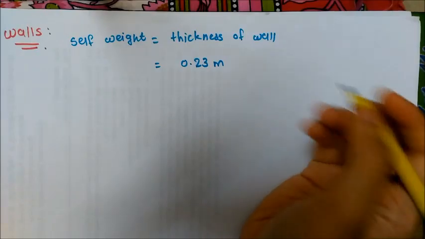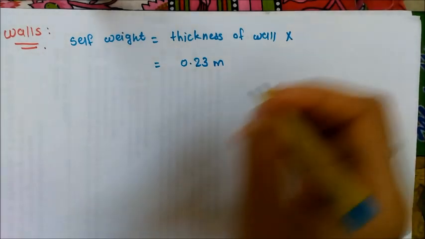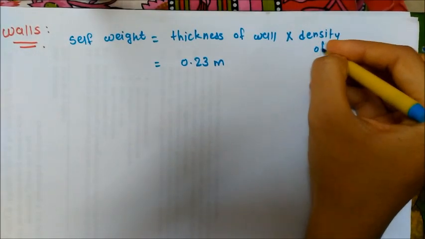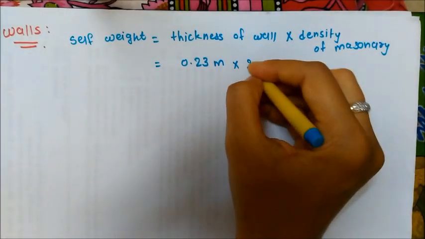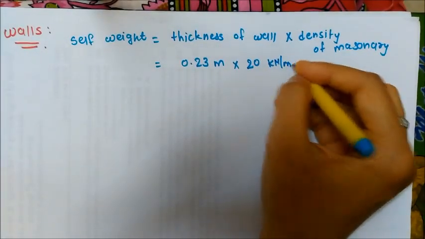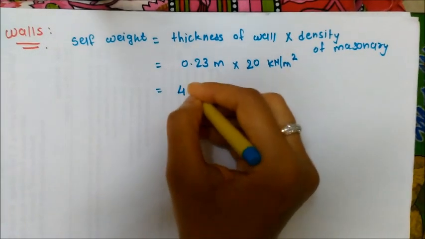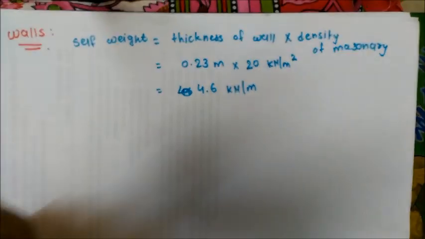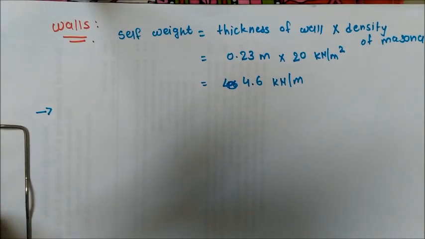We generally make our walls with masonry, so the density of masonry is 20 kilonewton per meter cube. So you get the value of self weight as 4.6 kilonewton per meter. Okay, same as beam, we have to multiply here the length of the walls.